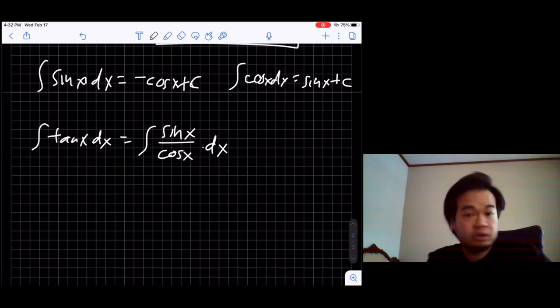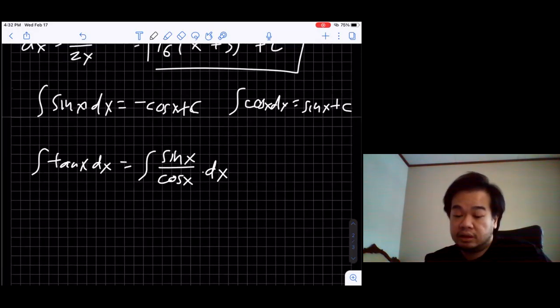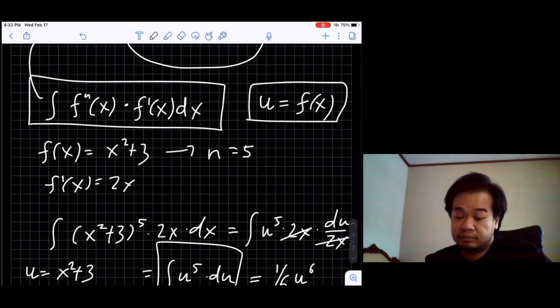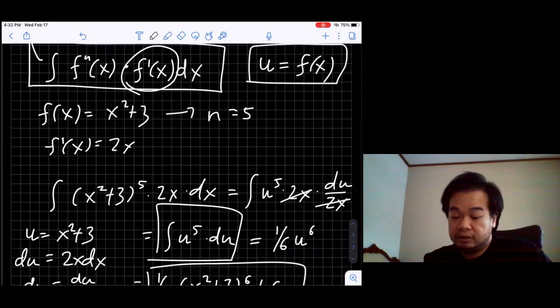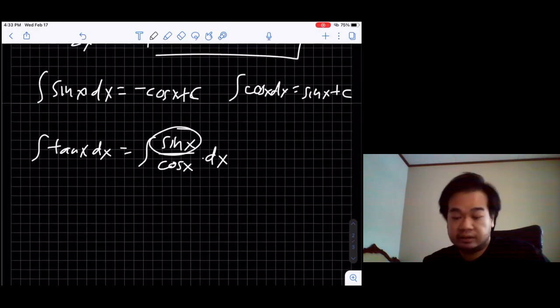So actually you can use algebraic substitution method for this one. Remember the derivative of the inside function must be on the multiplication. So then the multiplication in this case is sine x. So you need to use cos x as the u in this case.